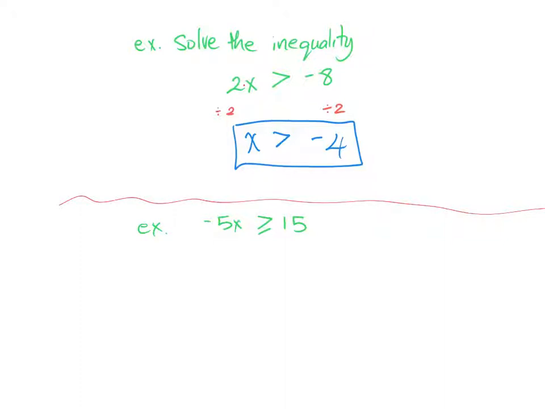So we want to do the opposite of multiplying by -5. We are doing the inverse operation here. So we're dividing by -5 on both sides. And so in order to get our x alone, when we divide by -5, we have divided by a negative, which means we need to flip this sign, and we get that x is less than or equal to -3.